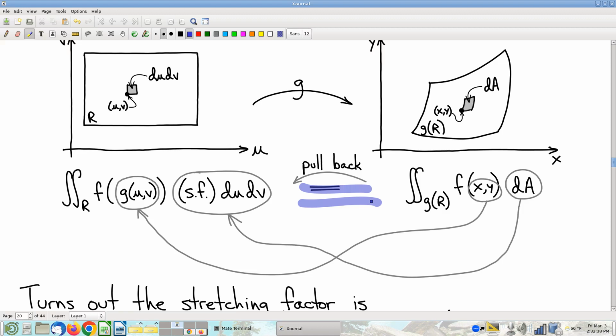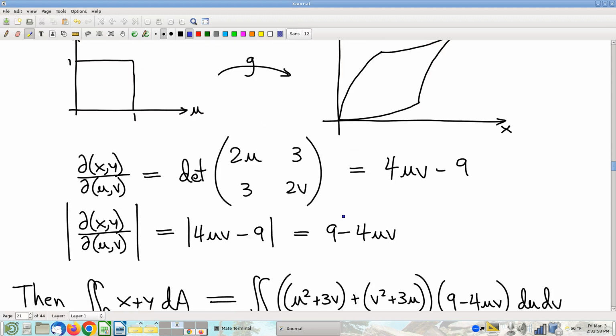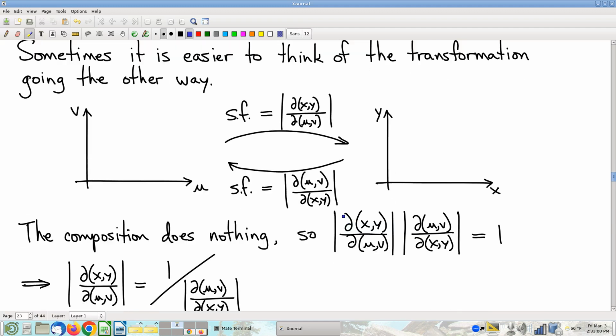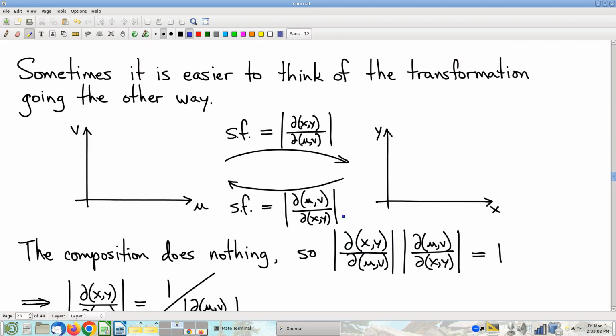It's that it's set up to most conveniently go this way, but again, if A is equal to B, then B is equal to A. So you can, in theory, go any direction you want. Main problem being, we only know a formula for the stretching factor that way. So what I'm going to do is talk about how to compute the stretching factor in the other direction. And it turns out there's a lovely little answer.